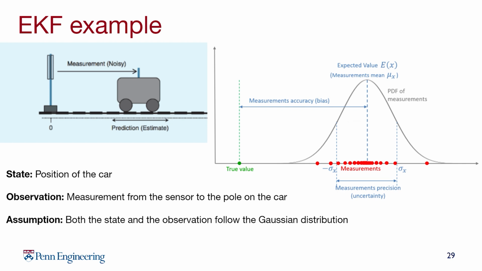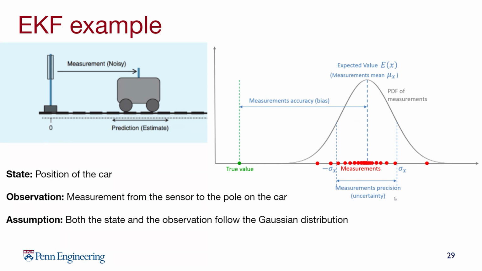Then we can just do a simple test. We take a lot of measurements with a static car. Then we can estimate the Gaussian distribution. First we can calculate the expectation, which is the mean of the measurements, and then we can calculate the variance of this distribution, which is the uncertainty.